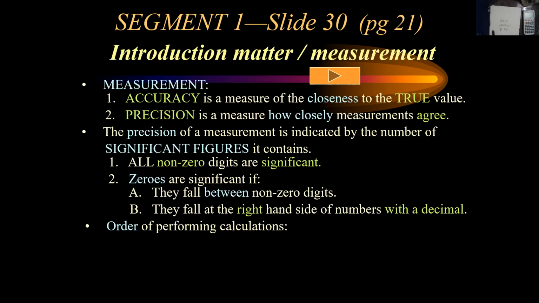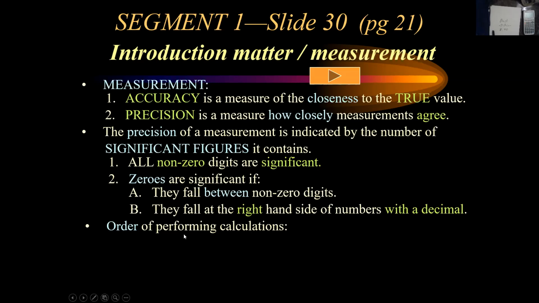So with 0.20, the 2 and the 0 would be significant, but the 0 in front of that would not. The leading 0 would not be counted.